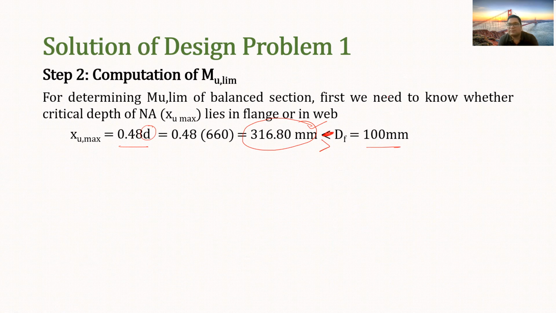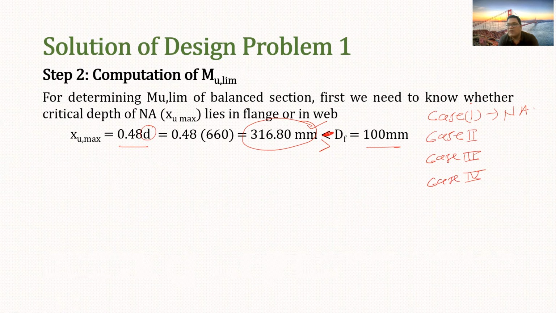You must know that there are basically 4 cases. Case 1 is when neutral axis lies in the flange, and then we have 3 cases: case 2, case 3, and case 4.